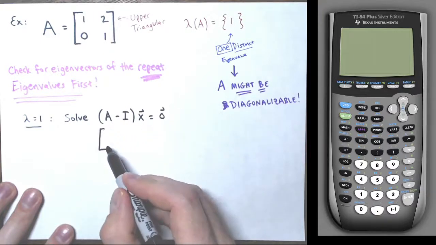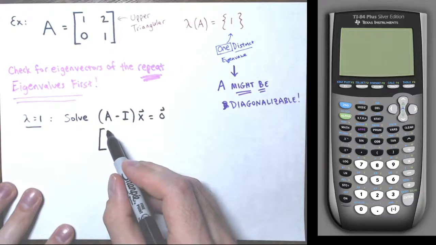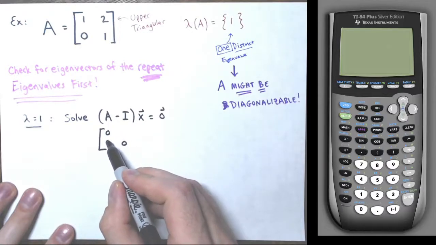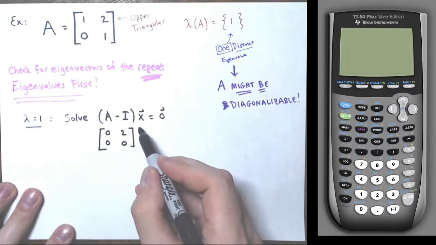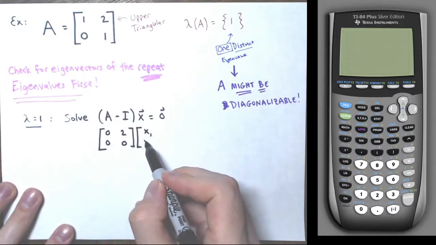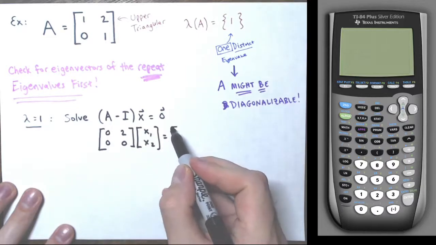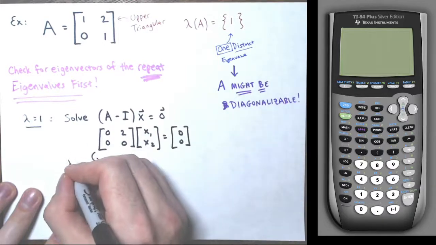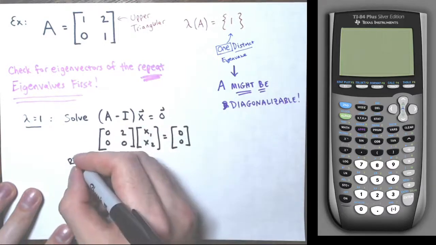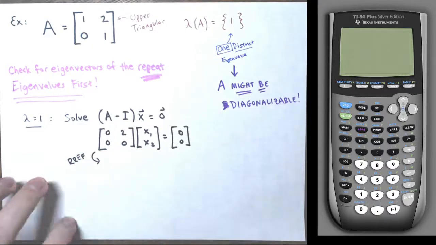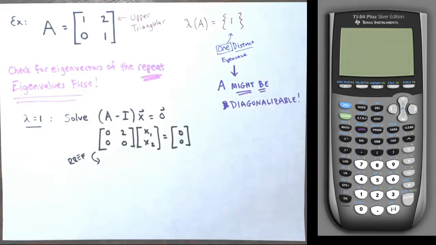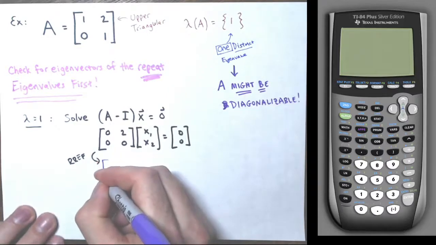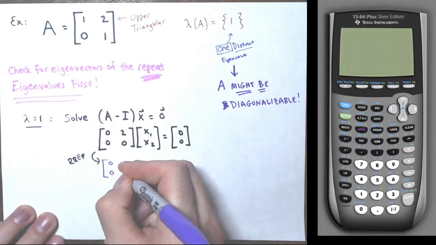A minus I is just [0, 2; 0, 0] times some vector with two components, x1, x2, equal to the 0 vector. This is really easy to put into reduced row echelon form; it's in echelon form already. Multiply the top row by a half. So [0, 1; 0, 0].